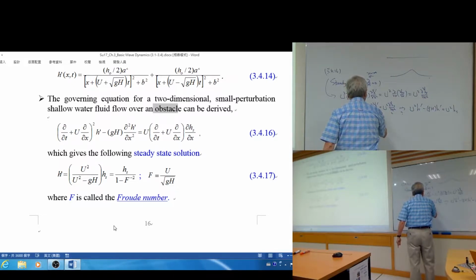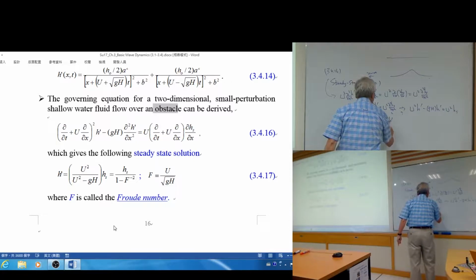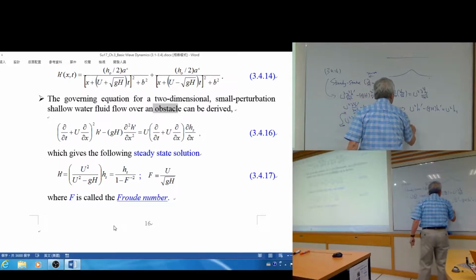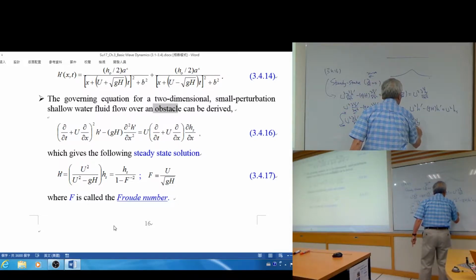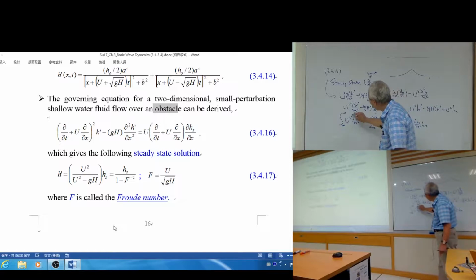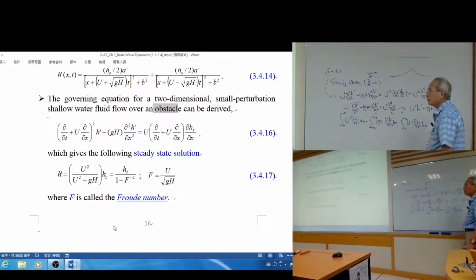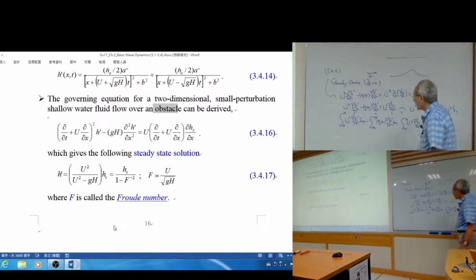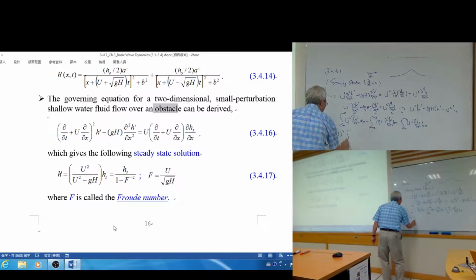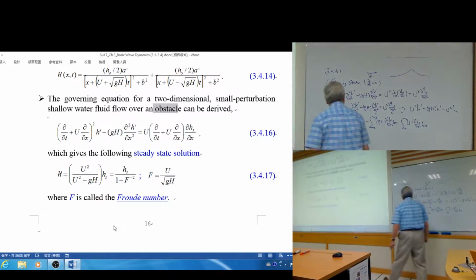So the integral of u square, partial square h prime, dx square, minus gh, partial square h prime, dx square, equals the integral from negative infinity to x of u square, partial square h sub s, dx square, dx. So you have the square here. Then u square you can pull out, like this.